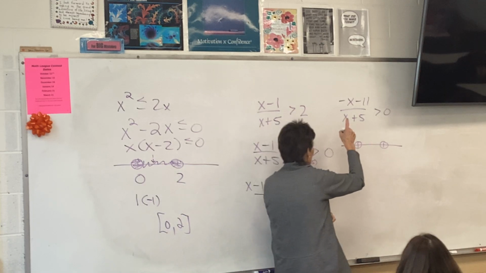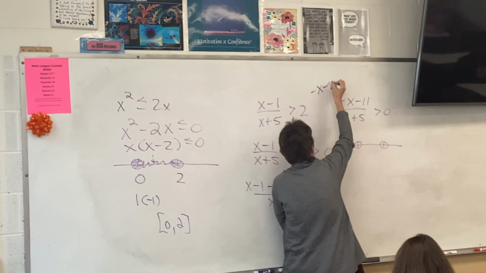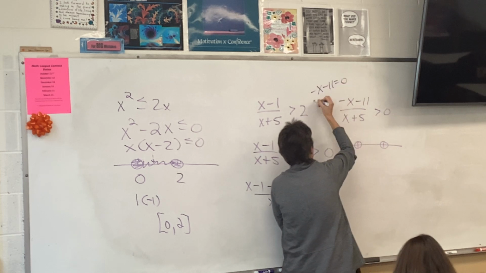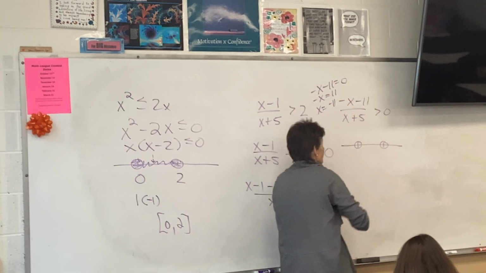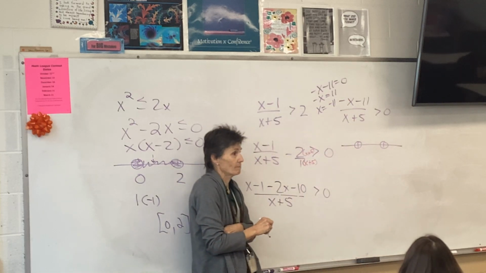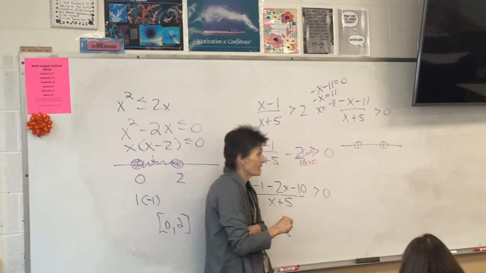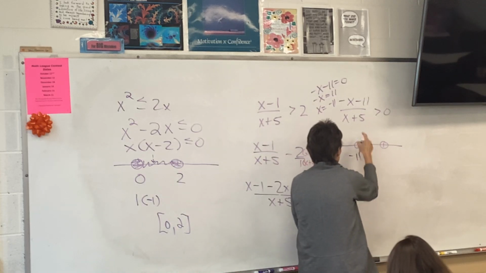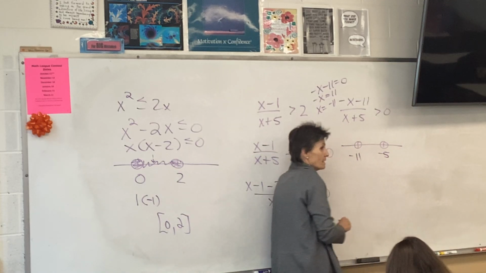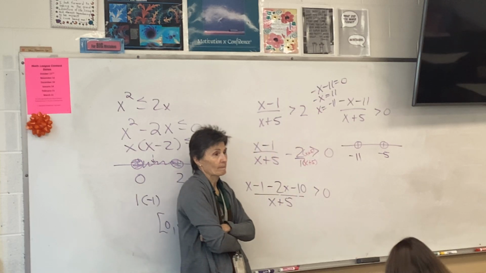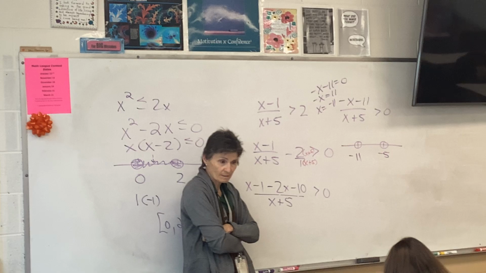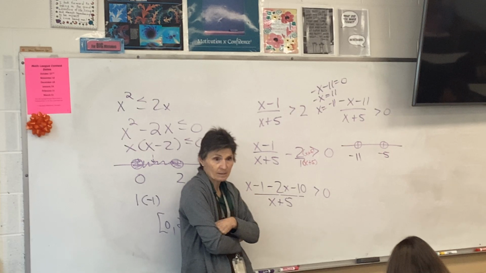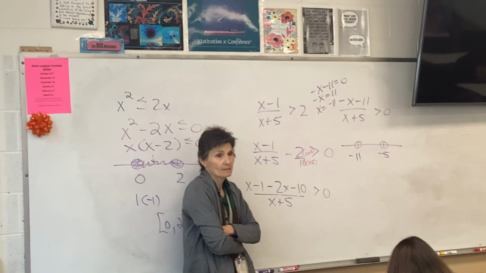So, if you're confused, set it equal to 0 and solve it. And that will tell you exactly where to put the dot. So the dot's gonna be at -11, and the bottom one is of course at -5. How do I figure out where the dots are? If I can't see it, set it equal to 0 and solve.